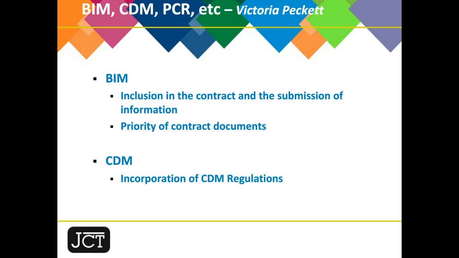The JCT takes the view that those have been heavily discussed by all sides of the industry and a satisfactory position has been reached, and therefore that can't be changed by virtue of a technical document.